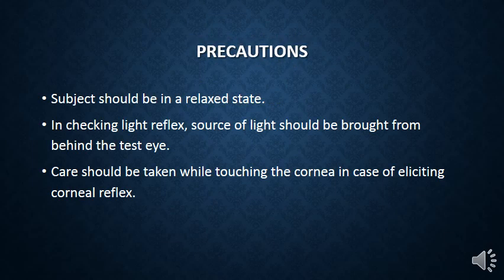The precautionary measures while eliciting these reflexes are: subject should be in a relaxed state. While checking light reflex, source of light should be brought from behind the test eye. Care should be taken while touching the cornea in case of eliciting corneal reflex.